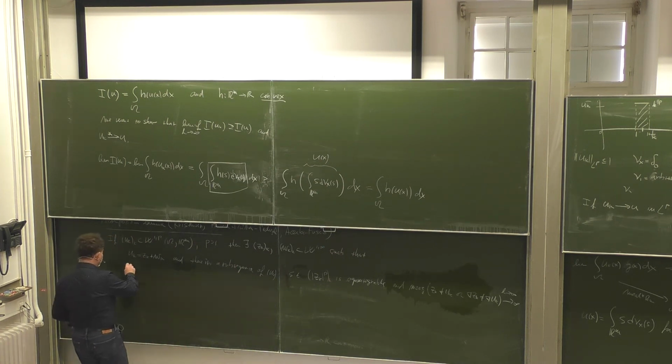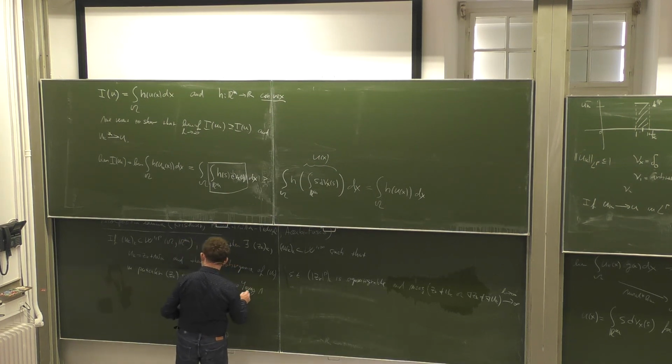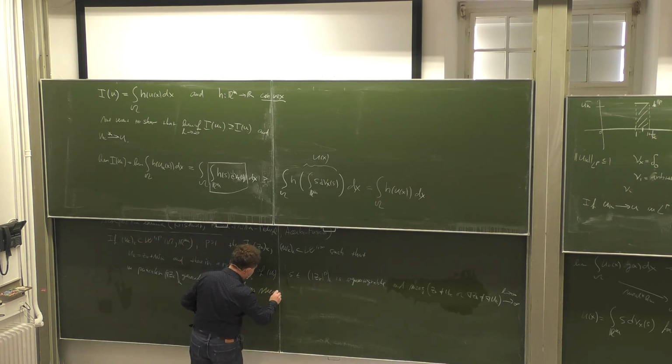In particular, z_k generates the same Young measure. Sorry, I am more interested in gradients of z_k. The gradient of z_k generates the same Young measure as the gradient of u_k.